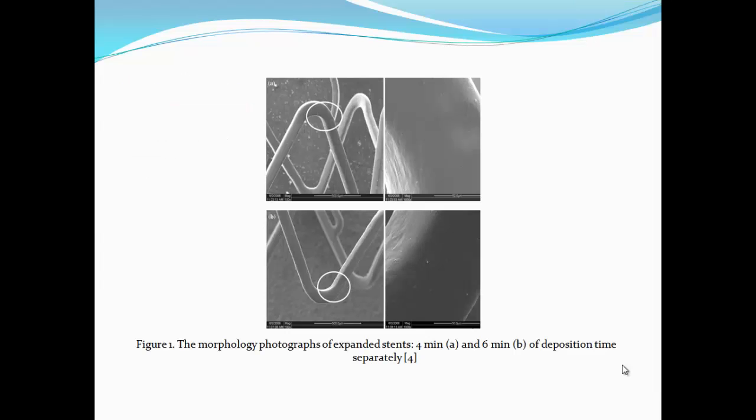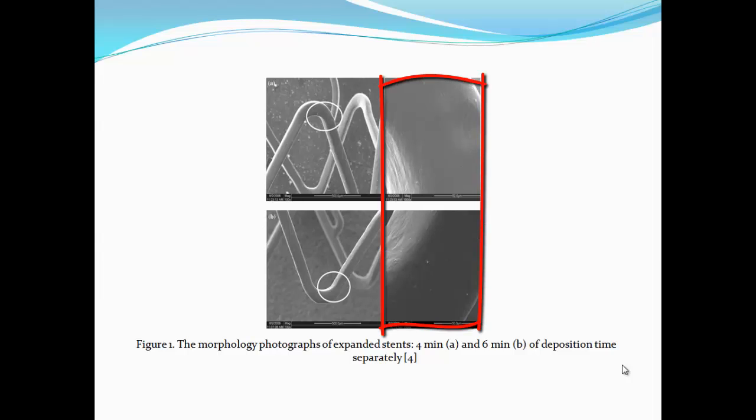Figure 1 here shows the morphology of the expanded stent. On the top is the titanium dioxide film modified stent under 4 minutes, and on the bottom is under 6 minutes. As you can see from the figure, there is no additional crack or particles on the stent surface.